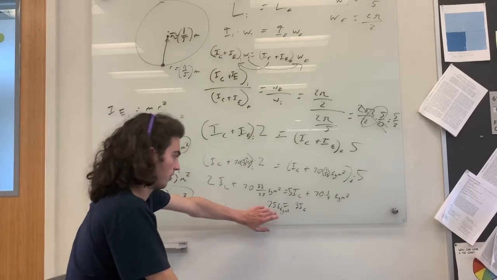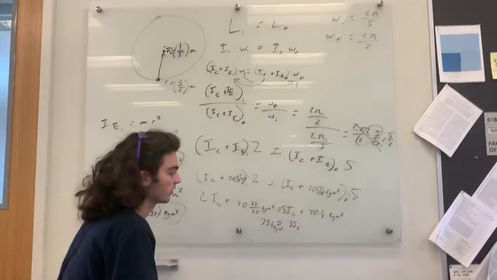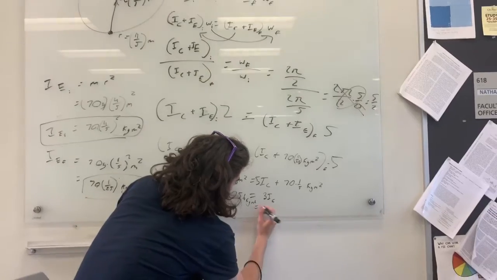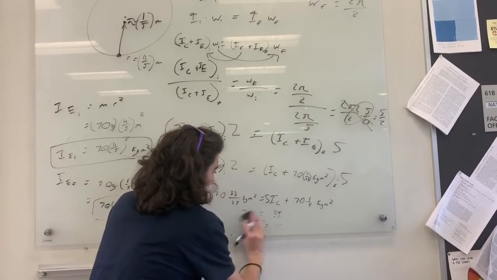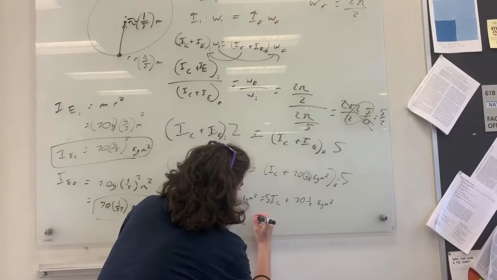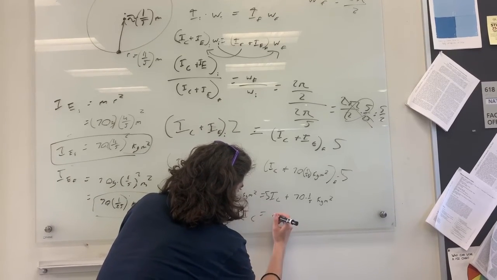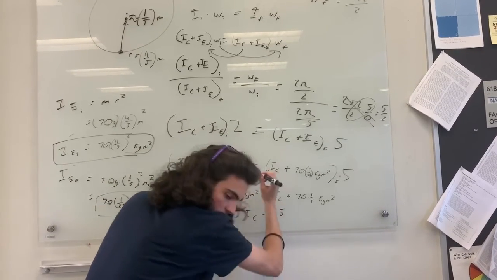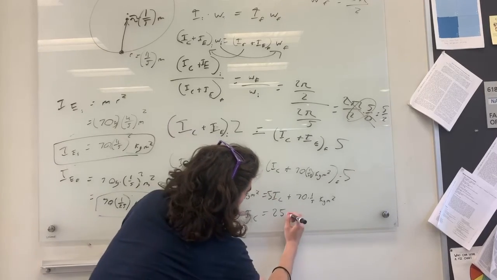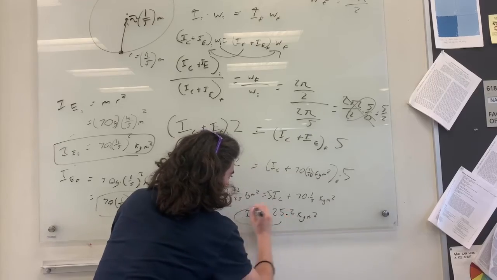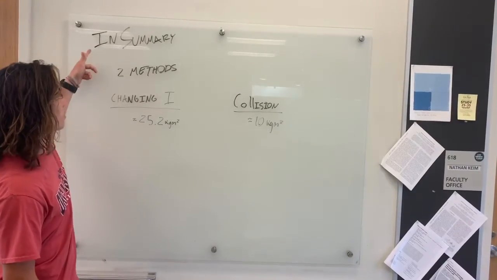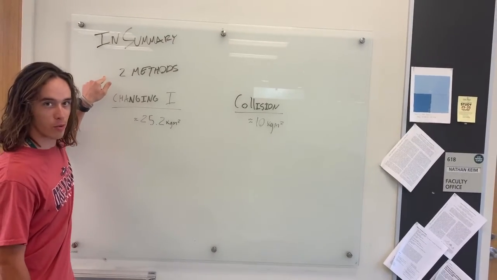If we divide both by 3, our constant ends up being 25.2 kilogram meters squared.